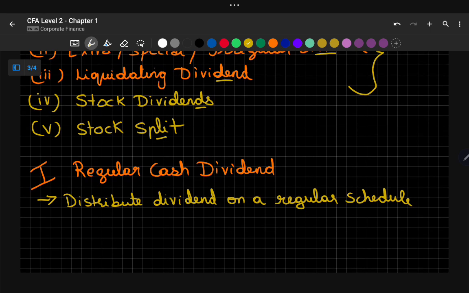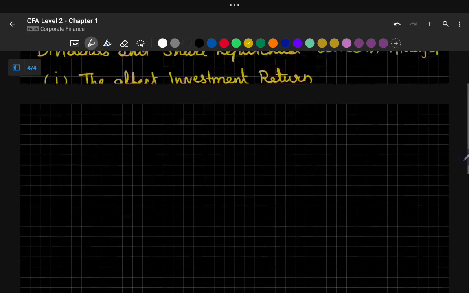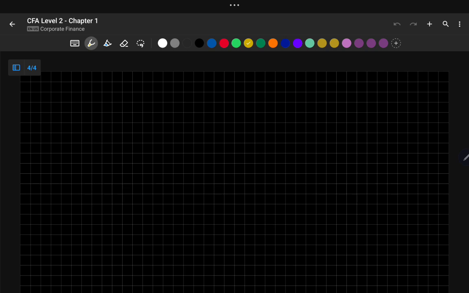Now, the frequency of paying dividends varies depending on the company. It can vary depending on the sector. So, frequency of payment varies depending on markets, sectors, etc.